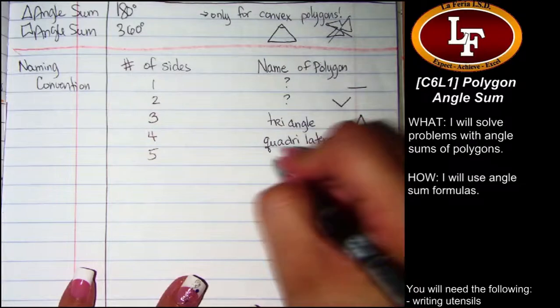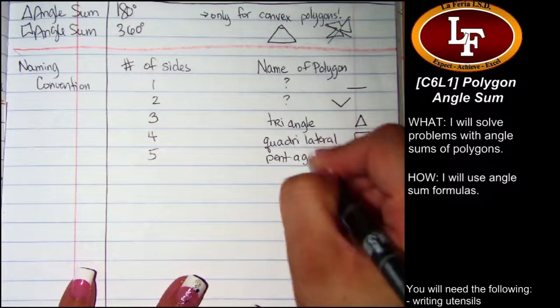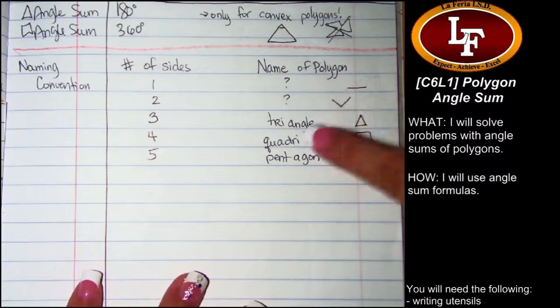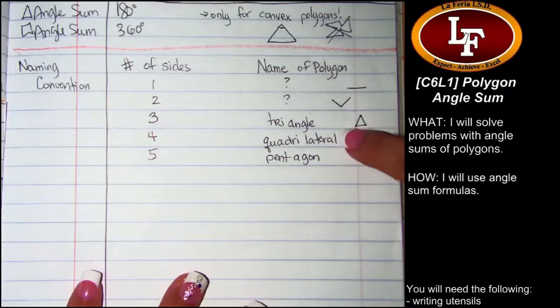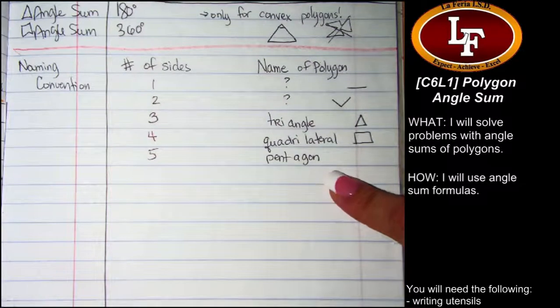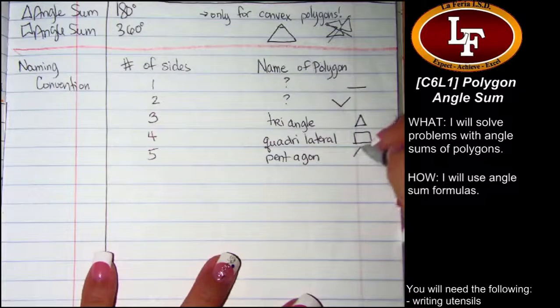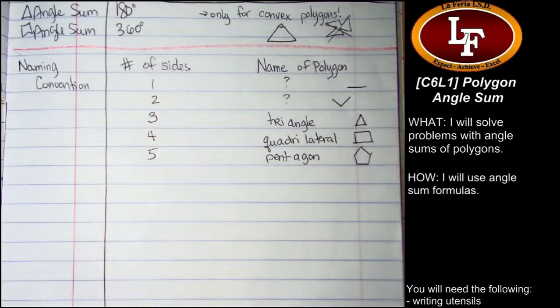Pentagon. Now, there's a difference in our naming convention here. Notice how we go from quadrilateral to pentagon. The lateral is gone. What happened here is way back when we were first starting maths, not you and I, but us as humans in general, in the Western traditions, this is stuff coming from ancient Greece and ancient Rome, where our mathematics began.